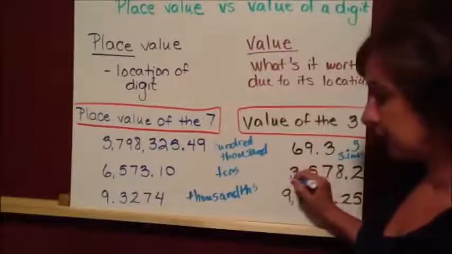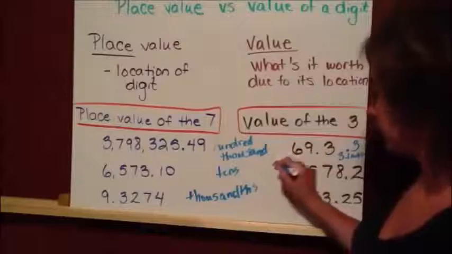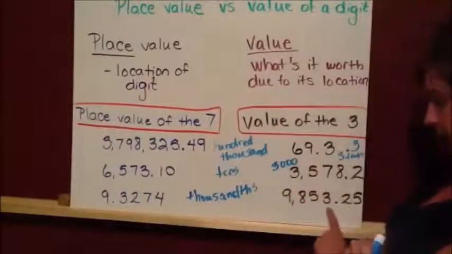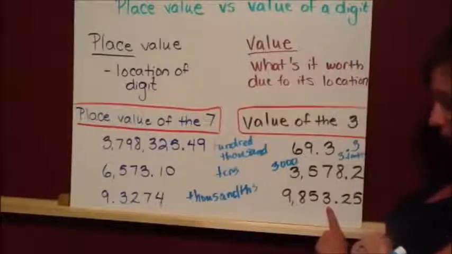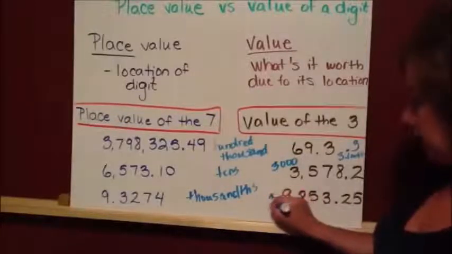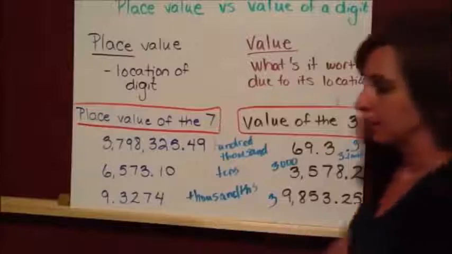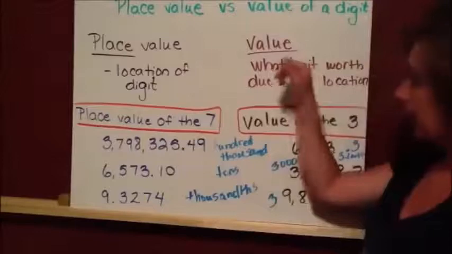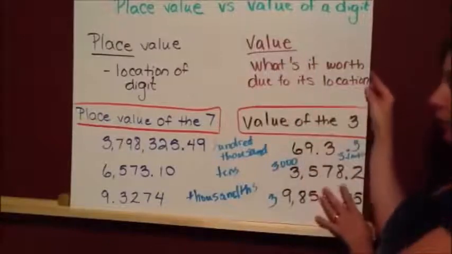And since I have 3 1,000s, 3,000 is the value of that digit. This is in the ones place, so the value of the digit is 3. So place value is where is it located, and value is how much is it worth.